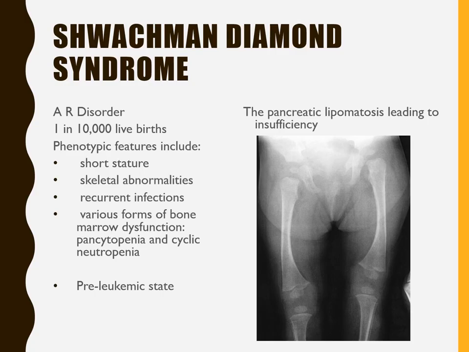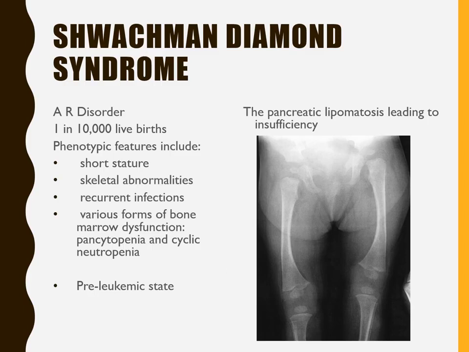Patients with Shwachman-Diamond syndrome are short, have skeletal abnormalities, and complain of recurrent infections due to their immune deficiency state, in addition to multiple features of bone marrow dysfunction like cyclic neutropenia or even pancytopenia. Shwachman-Diamond is considered a pre-leukemic state, so those patients need close follow-up for the development of leukemia.